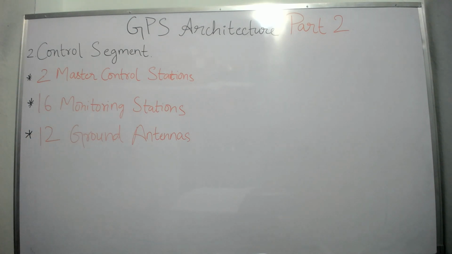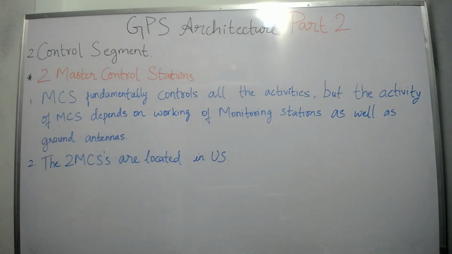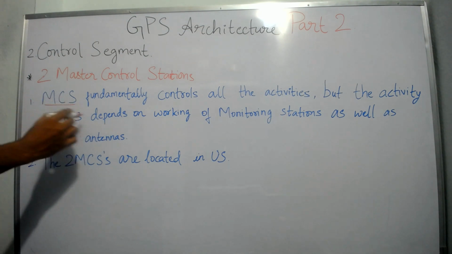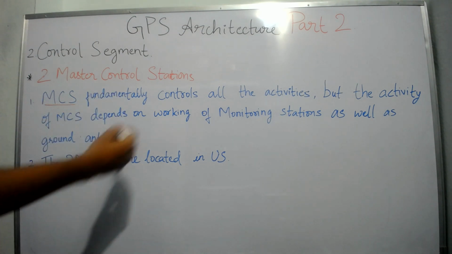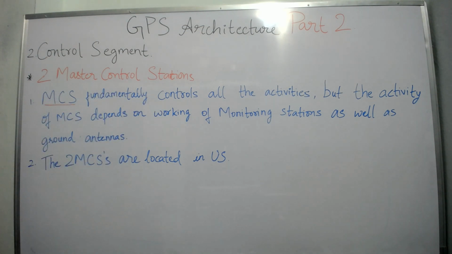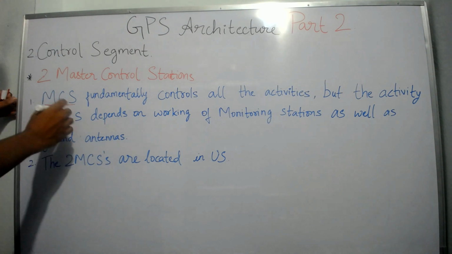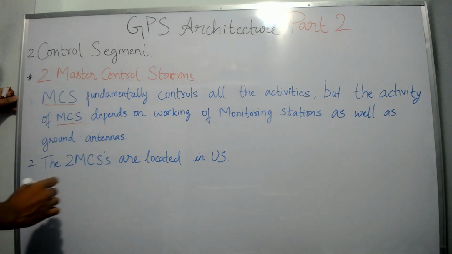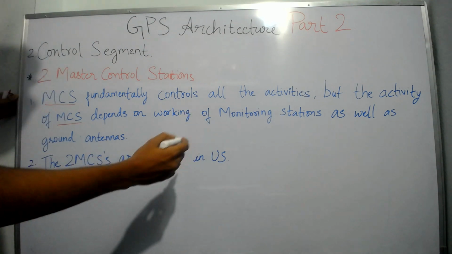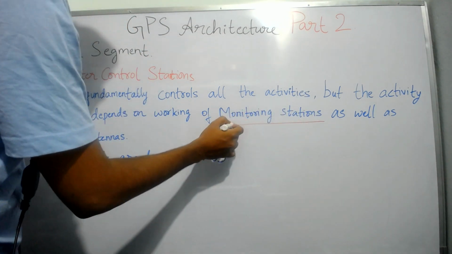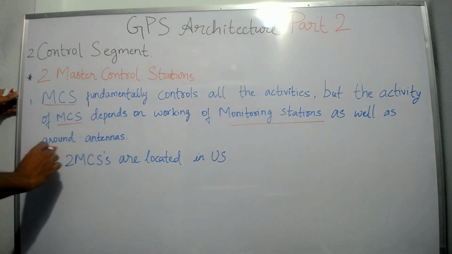Now let us talk about the master control stations. The master control station, MCS, fundamentally controls all the activities, but the activities of the master control stations depend on the working of monitoring stations as well as ground antennas.